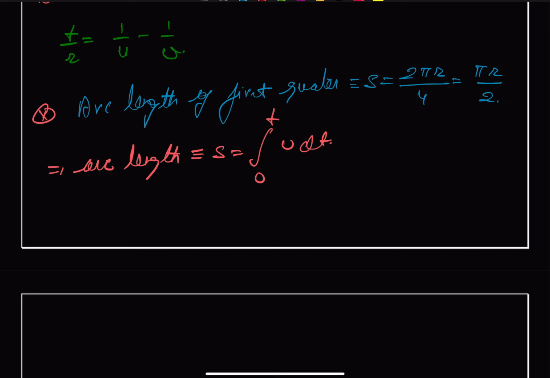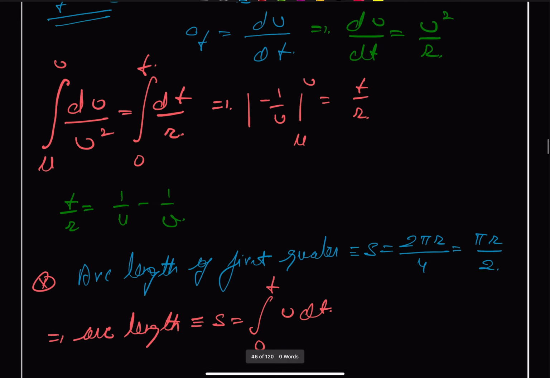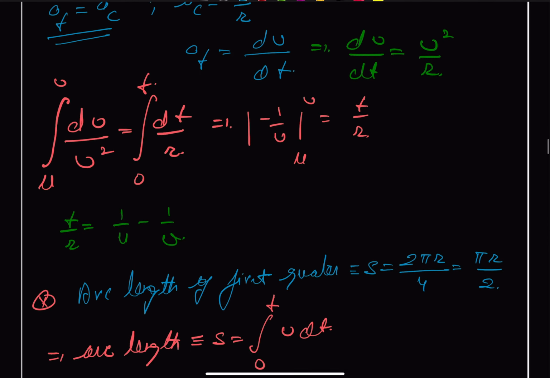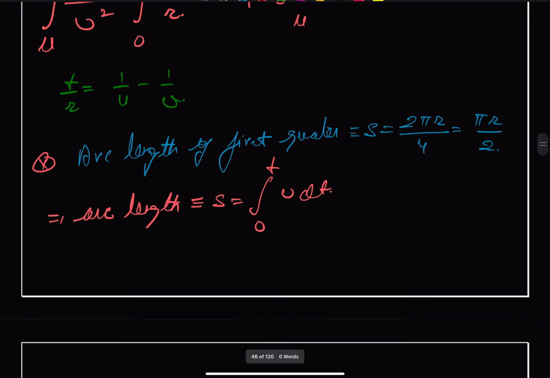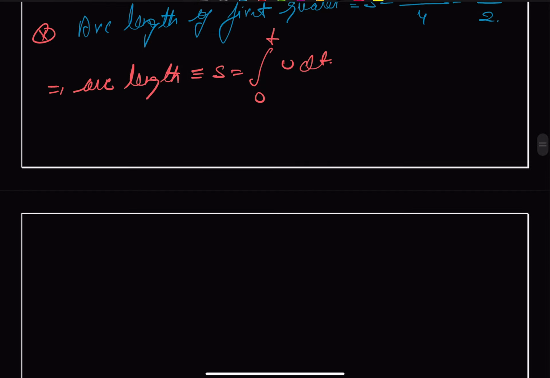And we already have our differential equation, that is dv by dt is equal to v square upon r. So we have dv upon dt is equal to v square upon r. From here we can write that dt will be equal to r upon v square times dv.